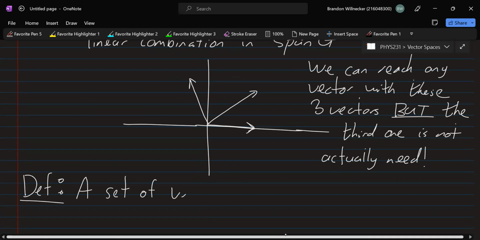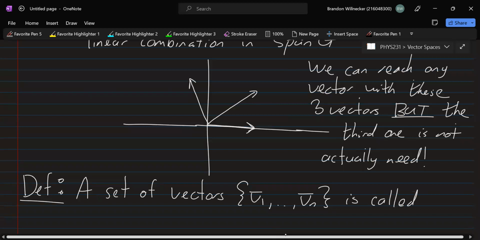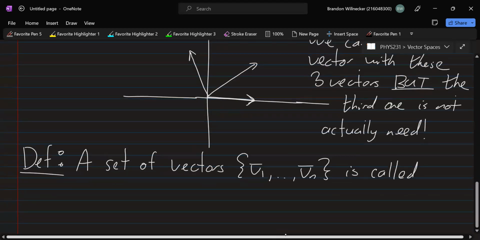Definition: a set of vectors, let's say V1 to Vn again, is called linearly independent. Again, we've got this word linear, so we can see it's very important.